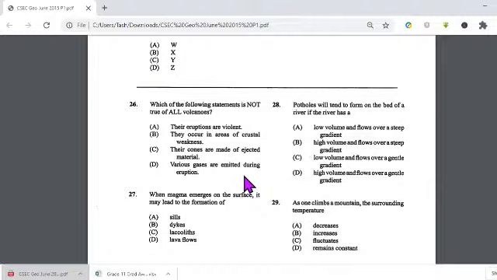So intrusive volcanic features are those features that are formed once the magma cools and hardens underneath the Earth's surface. Extrusive volcanic features, just like the word suggests, extrusive, meaning outside, those are the ones that have cooled and hardened outside or on the Earth's surface.